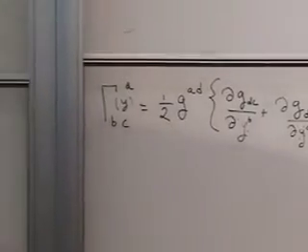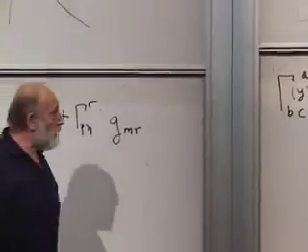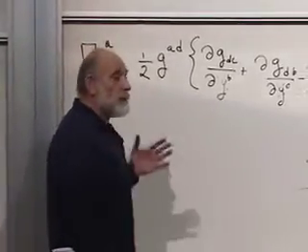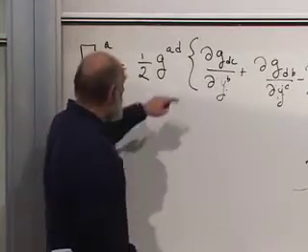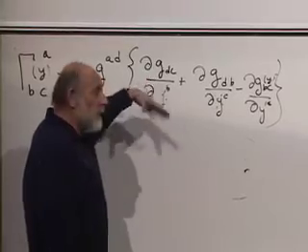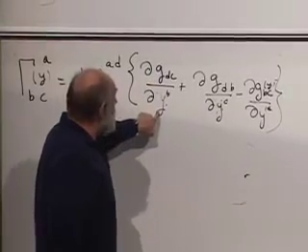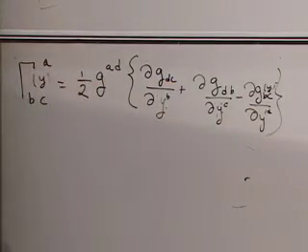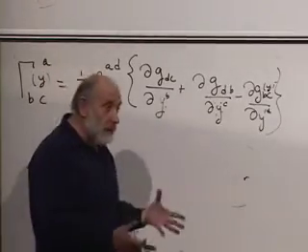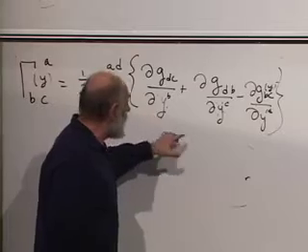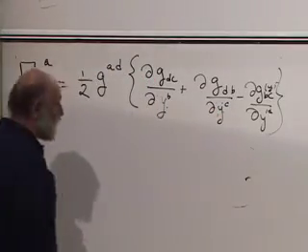Now, the Christoffel symbol itself is not a tensor. For example, one way to see that it's not a tensor is if we were in conventional Cartesian coordinates in flat space, the derivatives of g with x coordinates are all 0. So this whole thing would be 0 in x coordinates. On the other hand, if we changed coordinates to some other kind of curvilinear coordinates, the g's would not be constant anymore, and the Christoffel symbol would not be 0.